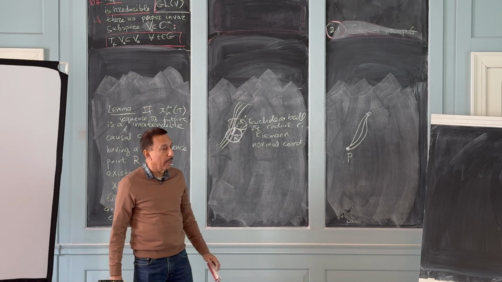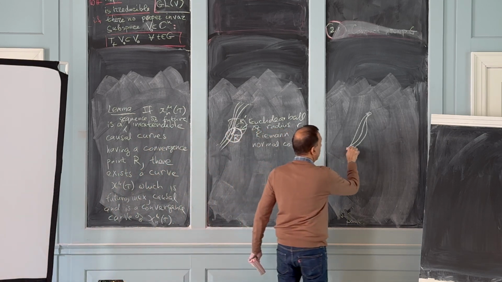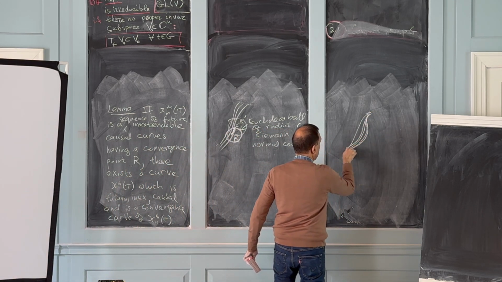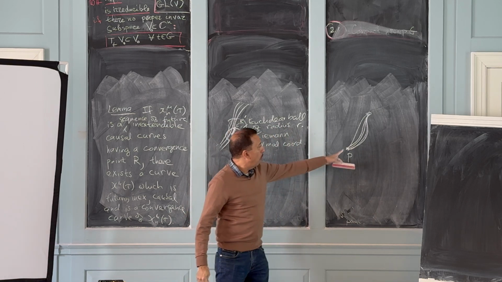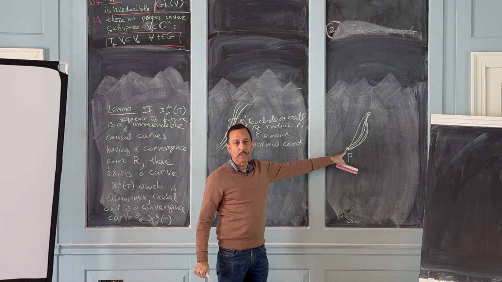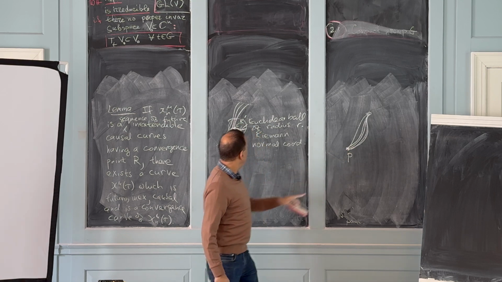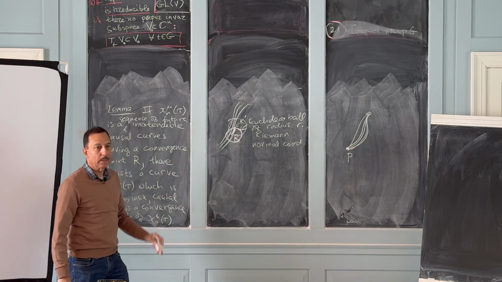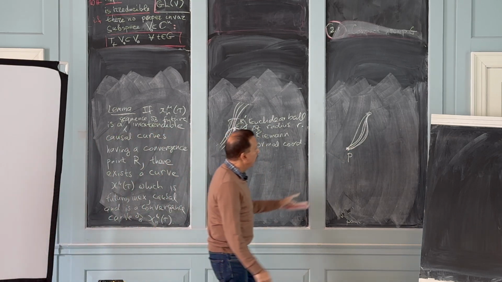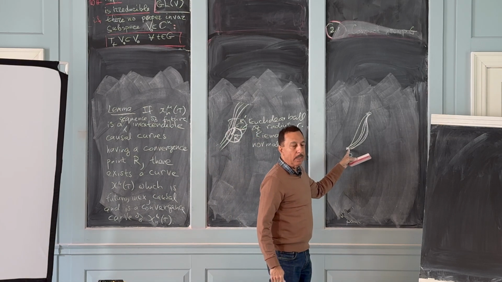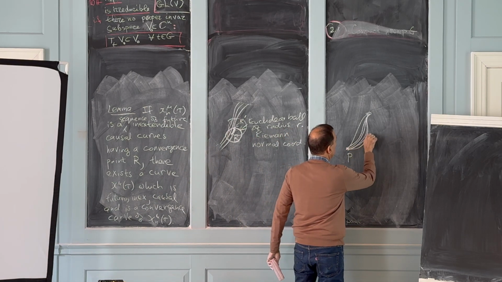Now these are all inextendable. So I have an infinite family of inextendable curves. Now unquestionably they all pass through P, because my family all started at P. So P is definitely a convergence point. But I've argued that given a convergence point, I can reconstruct a convergence curve.